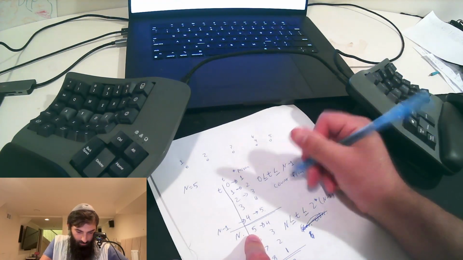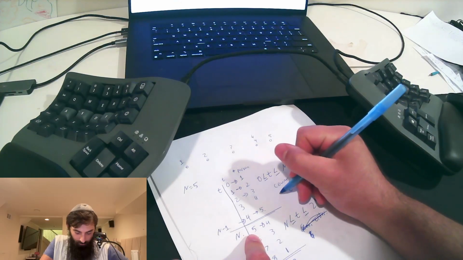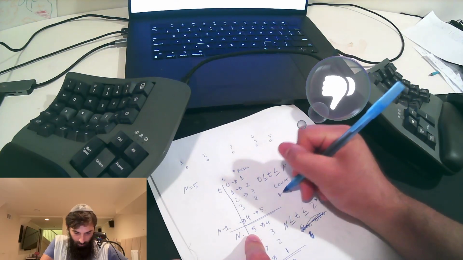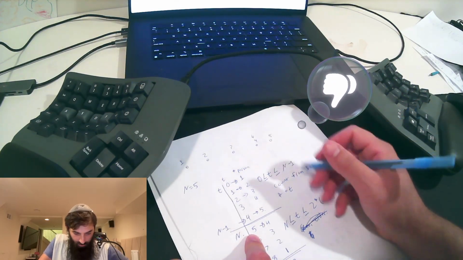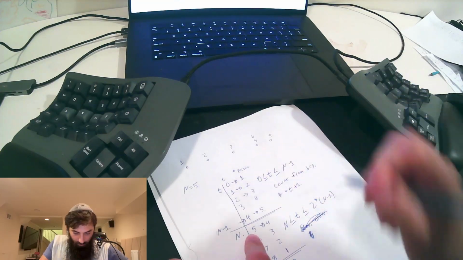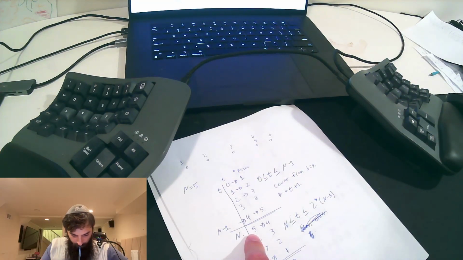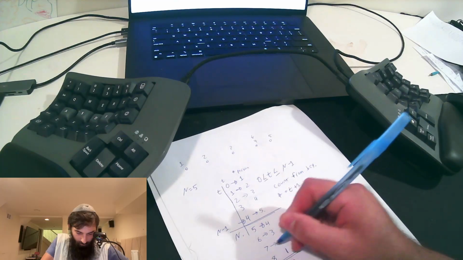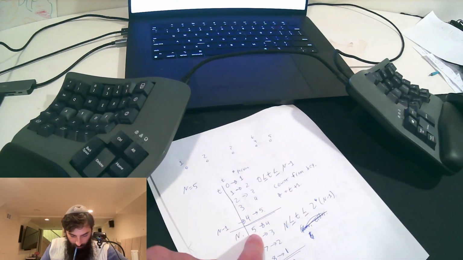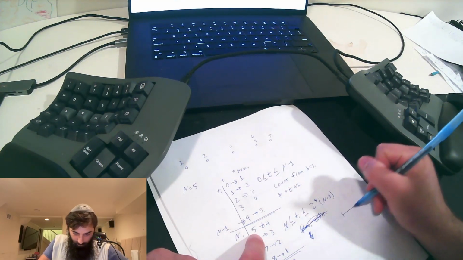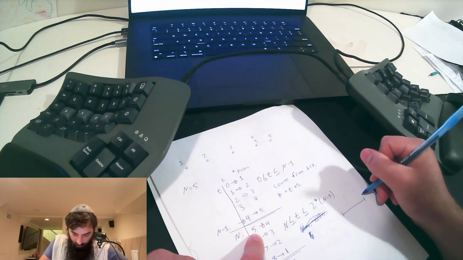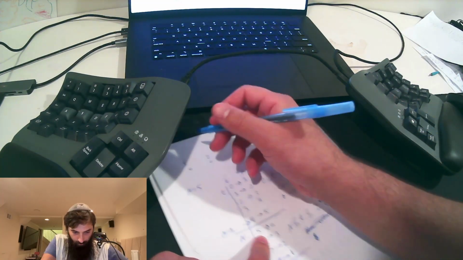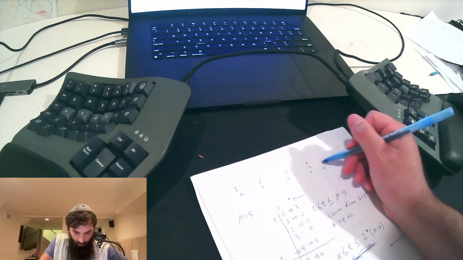So the number is going to be equal to t plus 1. Here it's going to have traveled 1, 2, 3, 4.